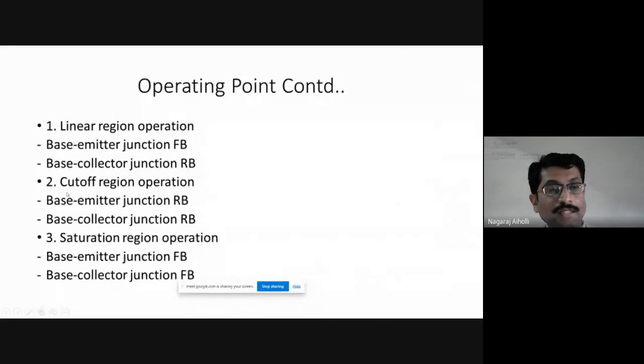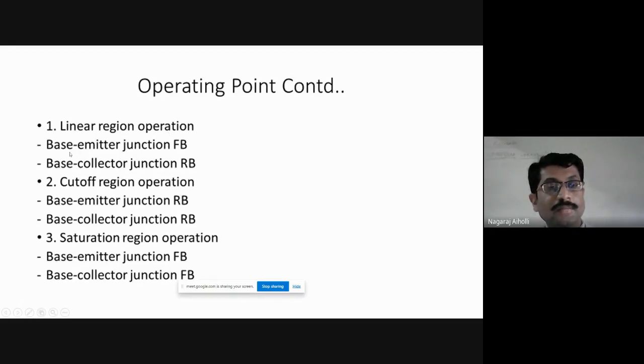If we want to operate the transistor in the cutoff region, the base emitter junction should be reverse biased and the base collector junction should also be reverse biased. If we want to operate in the saturation region, then the base emitter junction should be forward biased and also the base collector junction should be forward biased.